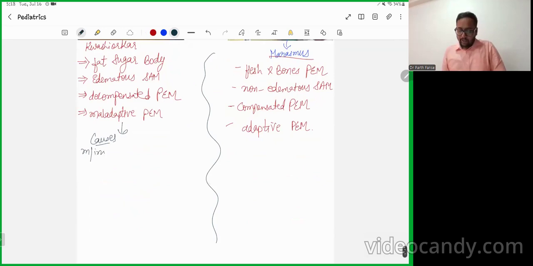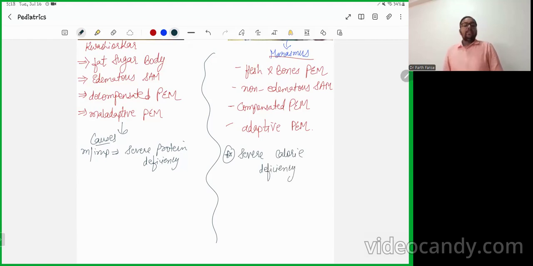The most important cause is severe protein deficiency, whereas in marasmus it is severe caloric deficiency.